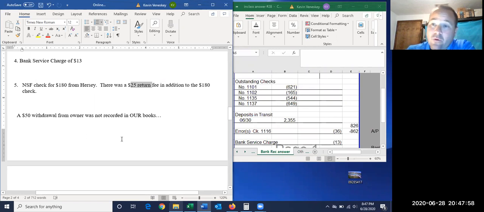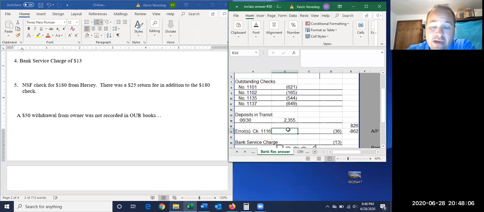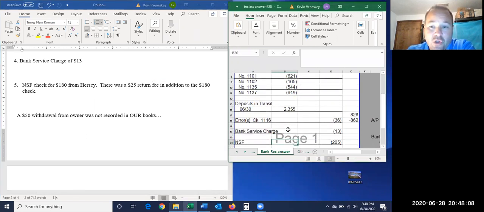So they not only took away the $180 that we thought we had, they took away $25. So when I come down here to my bank, I need to show that not only did I not get the 180, they took another 25 out. So a total of 205 I need to take away from my cash balance.